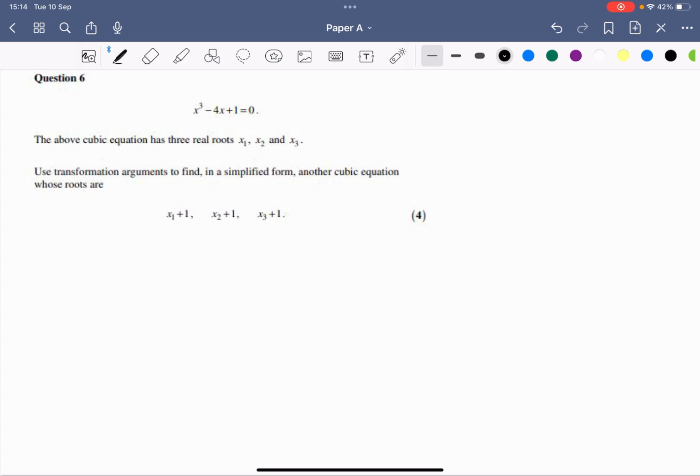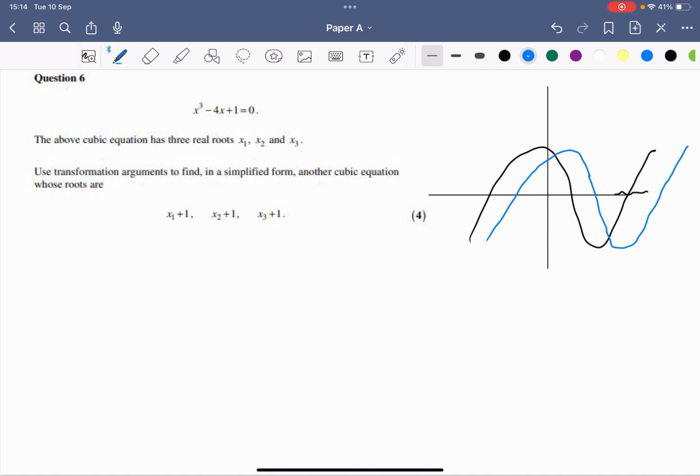What we do is a similar thing to what we do in further maths, but it's more conceptual, so you have to think about it. Now if we were to draw a graph and then just write 3 random roots like this, what we're saying is that we've moved it by 1 unit, like this.